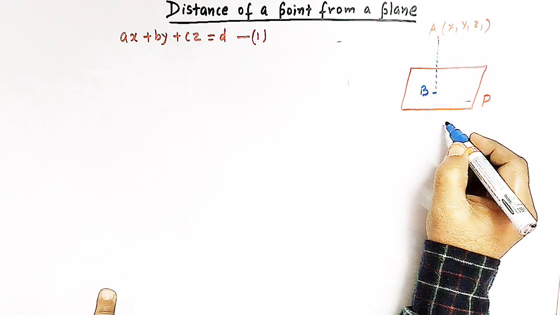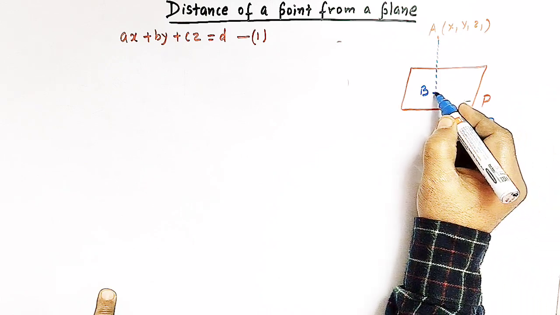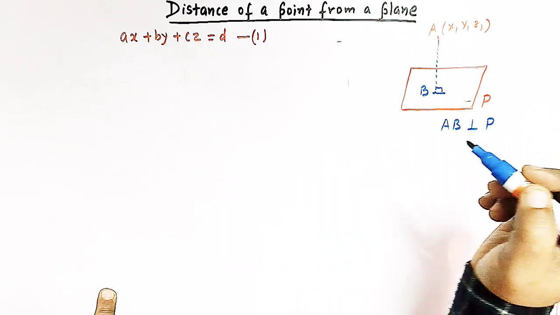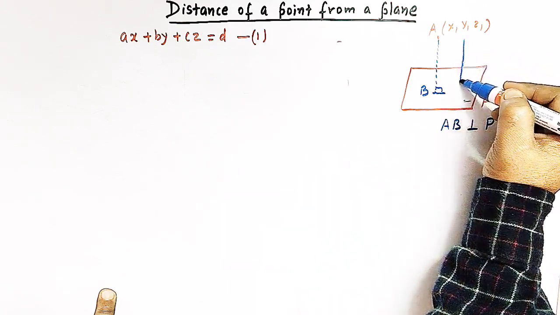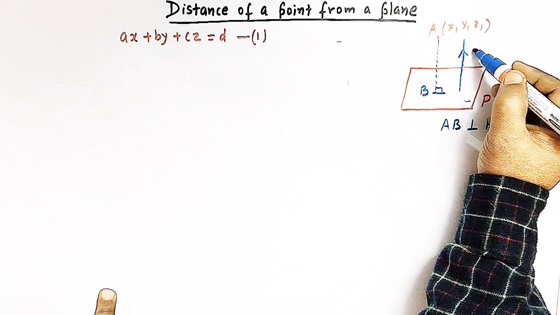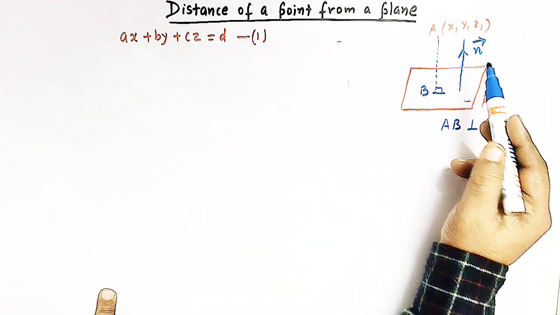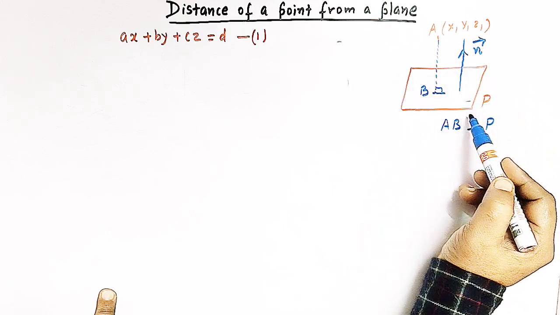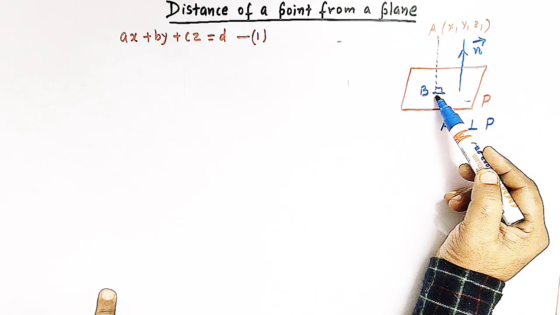And AB is perpendicular to the plane P, right? So here we have 90 degrees, and let us draw the normal to the plane, and this normal is denoted by the vector n, right? So here n vector represents the normal to this plane P, and AB is the perpendicular, right?